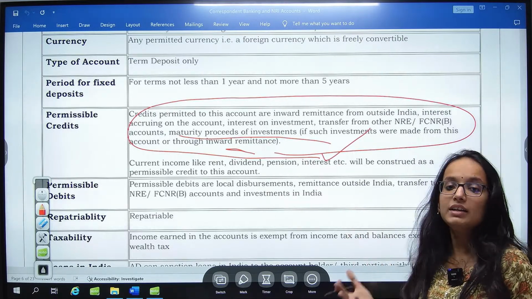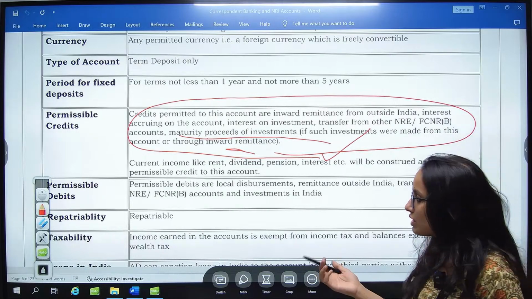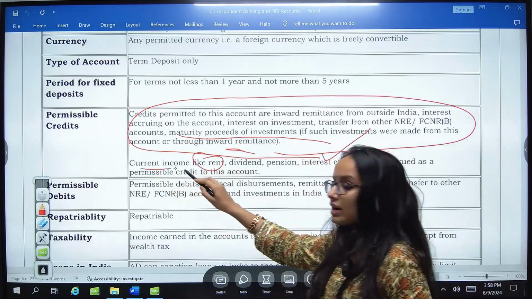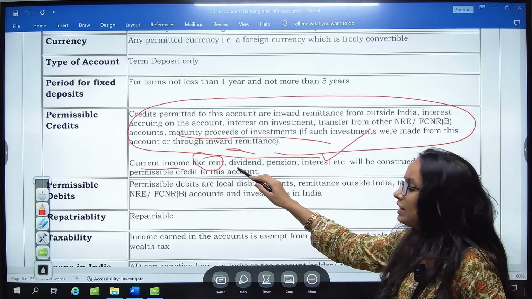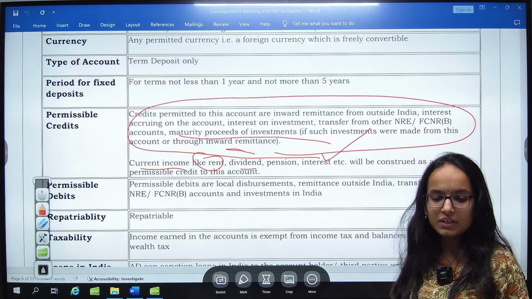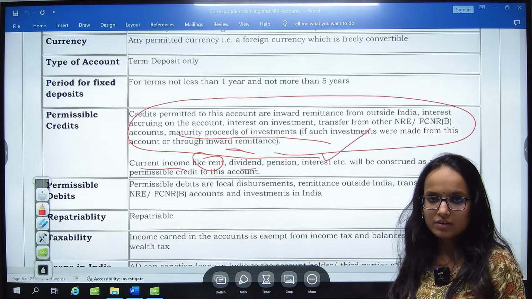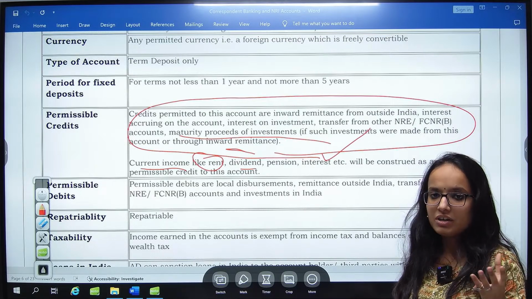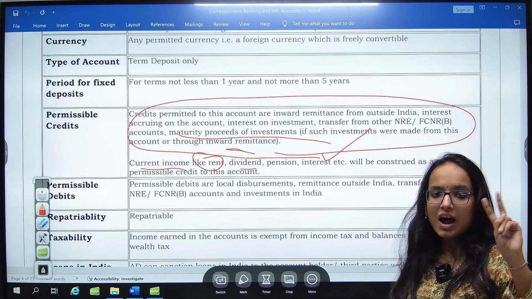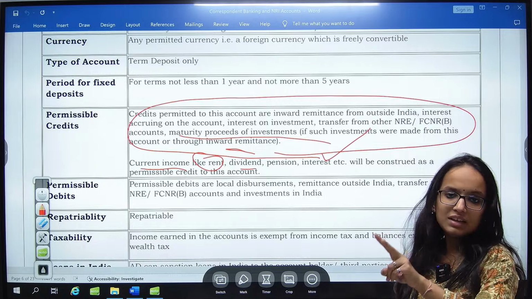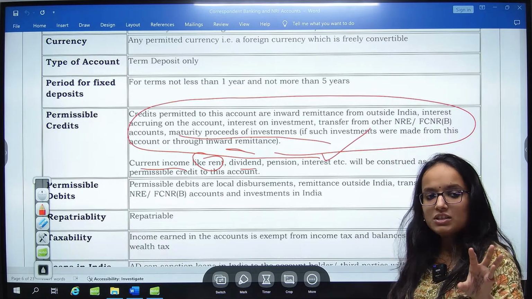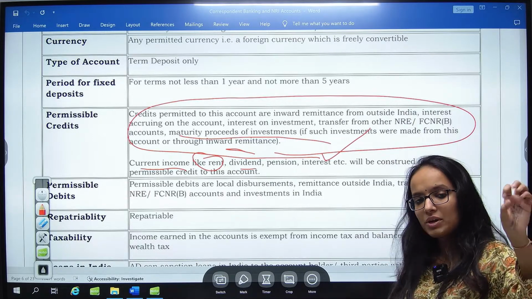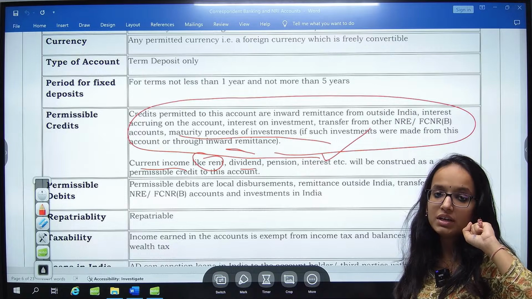Then current income. Current income sources like rent. So your current income like rent, dividend. Dividend, as I have told you, dividend is what? Distributed profit, the share of profit. Okay. So suppose there is a company generating profit, there are two kinds of it, undistributed profit and the dividend. So undistributed is what the entrepreneur holds with himself or herself, right?